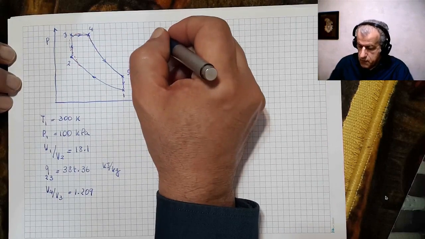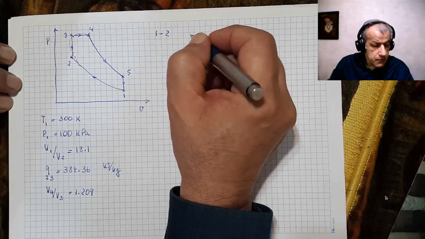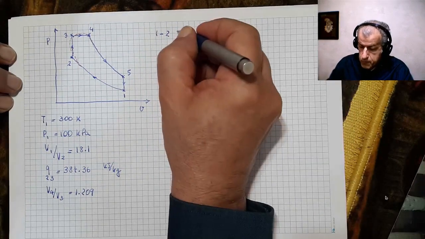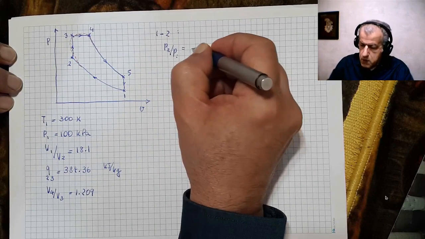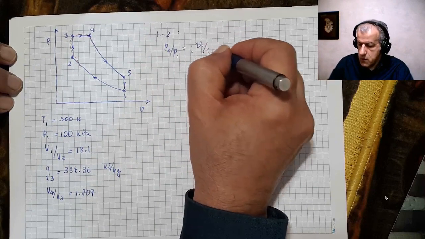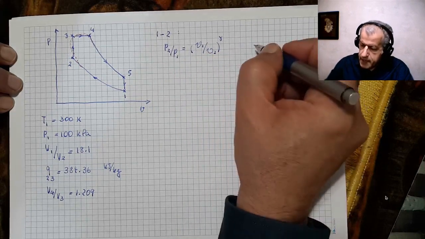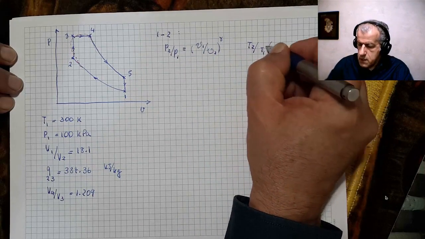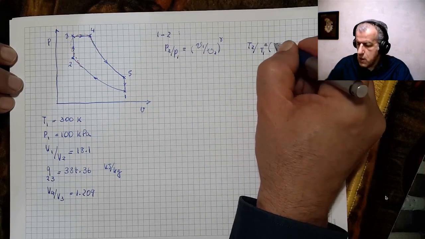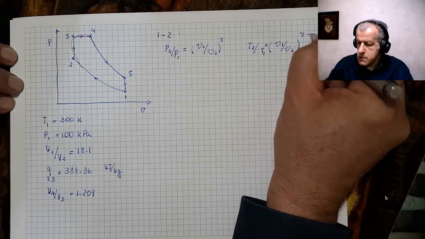So for 1-2, we may write P2 over P1 equals (V1 over V2) to the power gamma, and T2 over T1 equals (V1 over V2) to the power gamma minus 1.